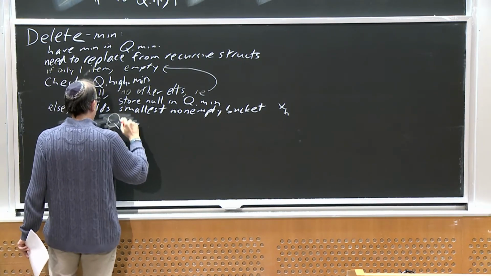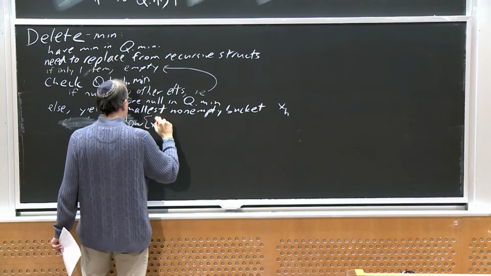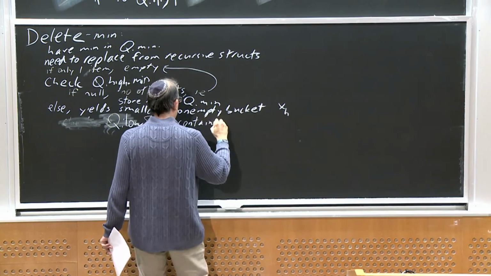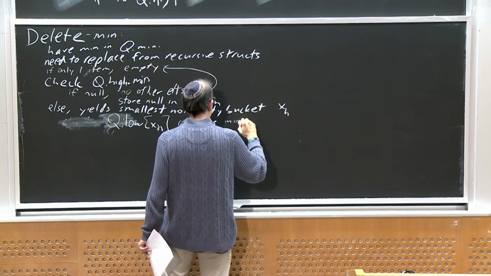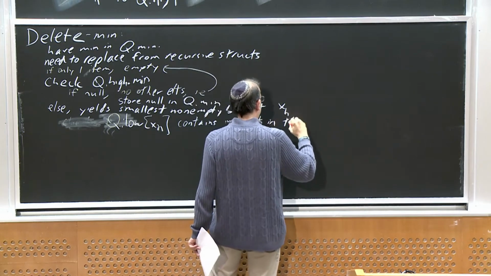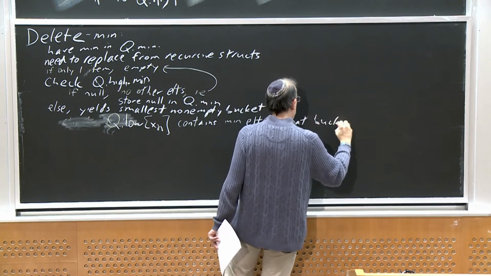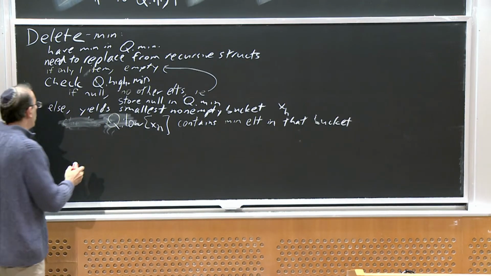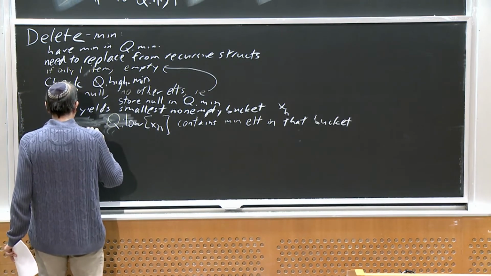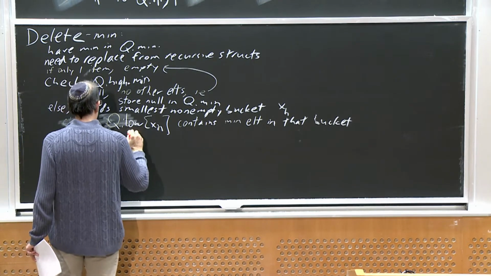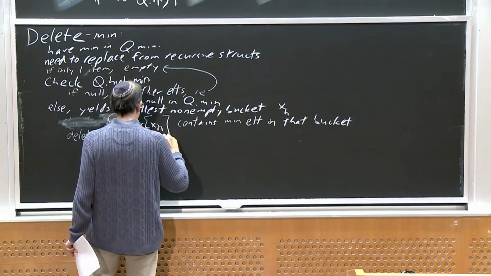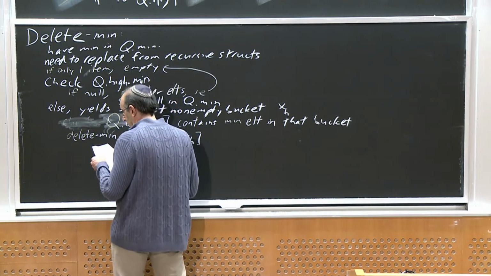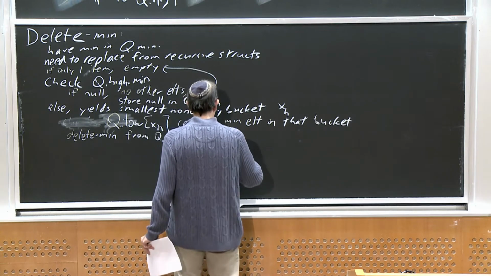Q dot low of xh contains the minimum element in that bucket. Right? So I will delete min from q dot low of xh to finish finding q dot min.